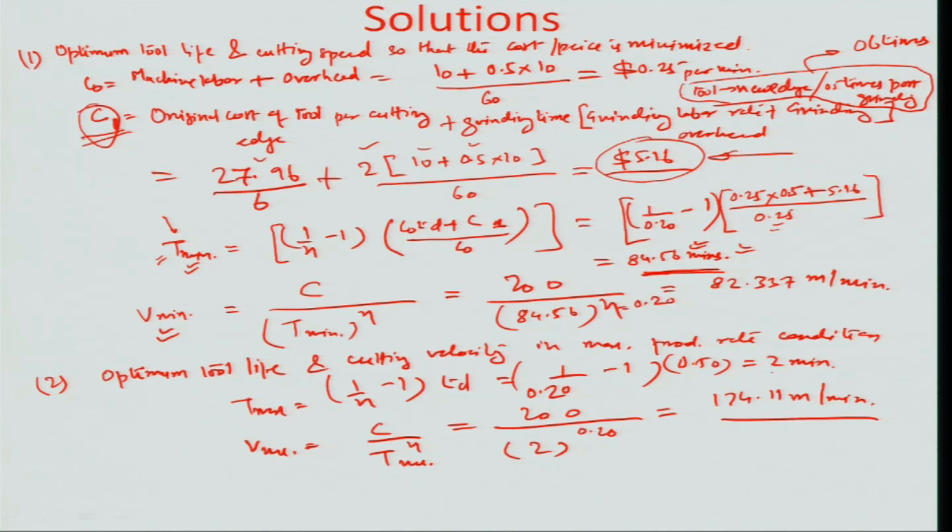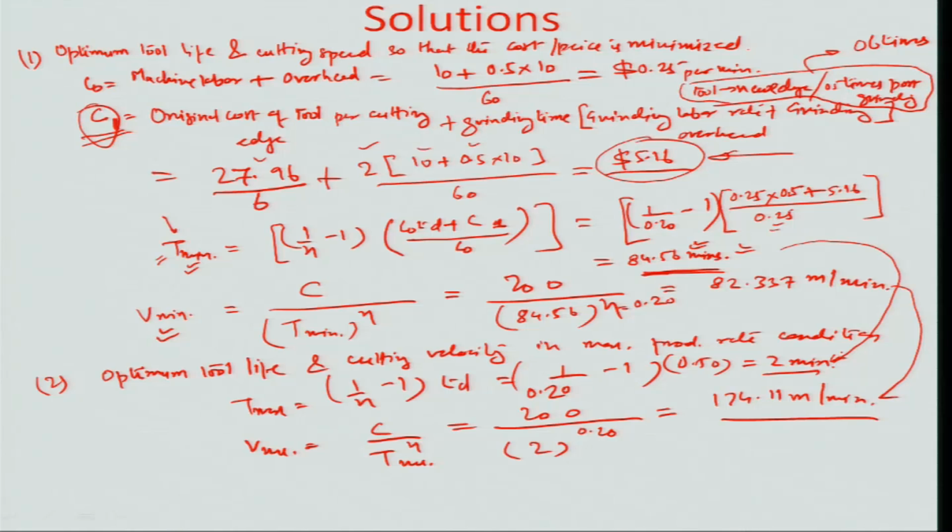So think of it that from the minimum cost model, where you are using the tooling optimally, to the maximum production model, the velocity has gone up significantly, and the time really has also come down significantly per cut. So therefore, you are cutting at a much faster pace because you want to have a maximum production rate, and you are not worrying about the tool wear rate really. That is how the difference essentially comes between the minimum cost model and the maximum production rate model.